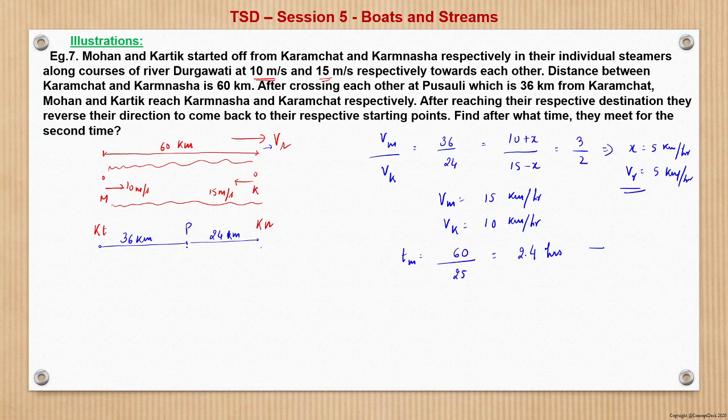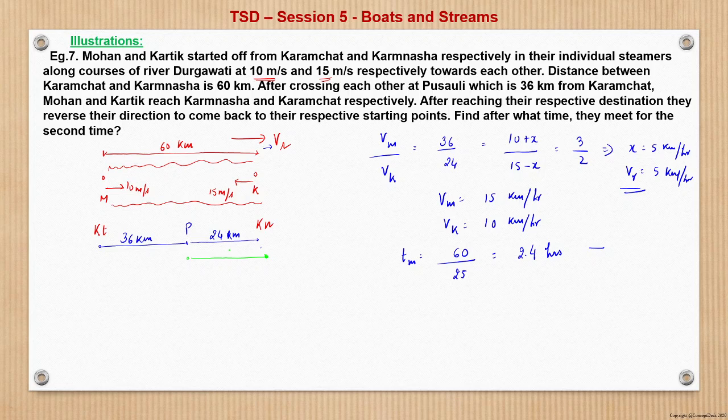Now when Mohan reaches this point, then Mohan will move towards Karamchat. To reach there, Mohan will take what? To cover 24 at a speed of 15.